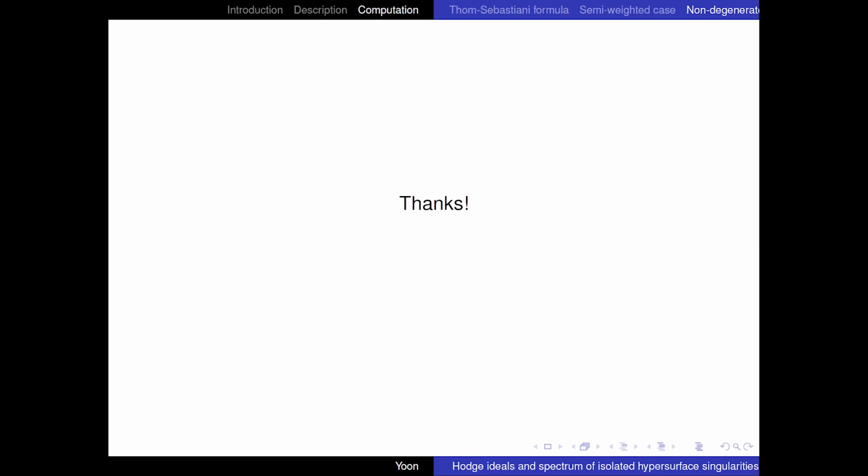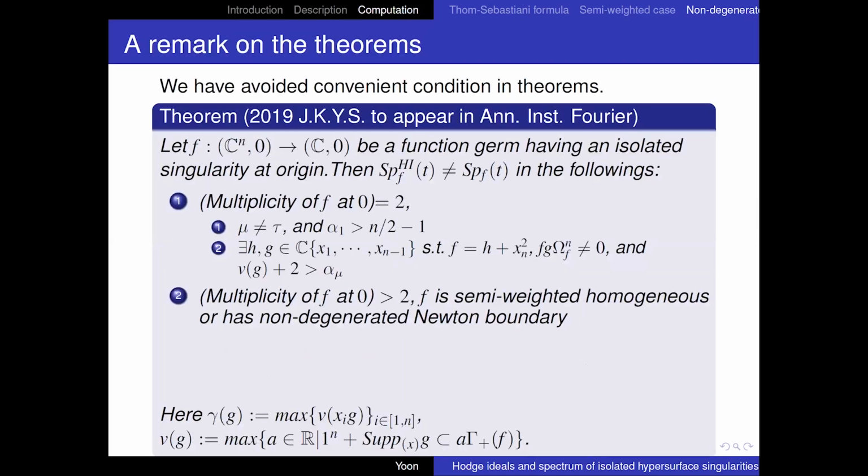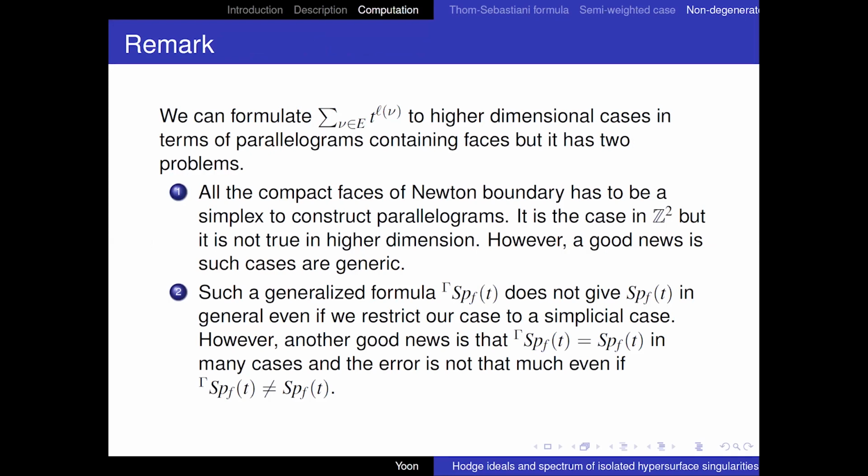So I have a question. Is there any hope to compute directly, without using Thom-Sebastiani, examples in dimension 3 or 4? You mean the dimension of the singular locus is 2 or 3, right? Yeah. Let's say dimension 3. For the weighted homogeneous case, there is a method or algorithm, but it's really complicated.